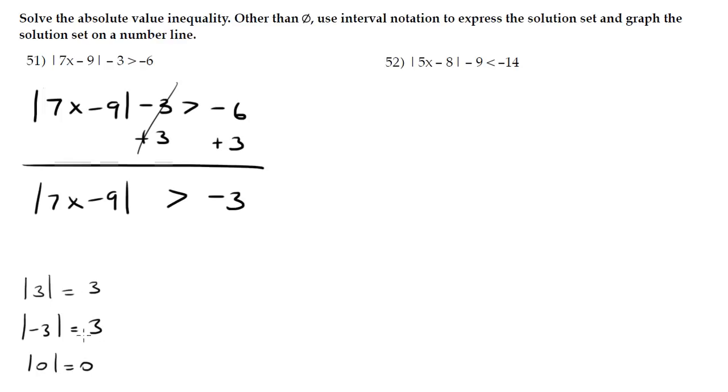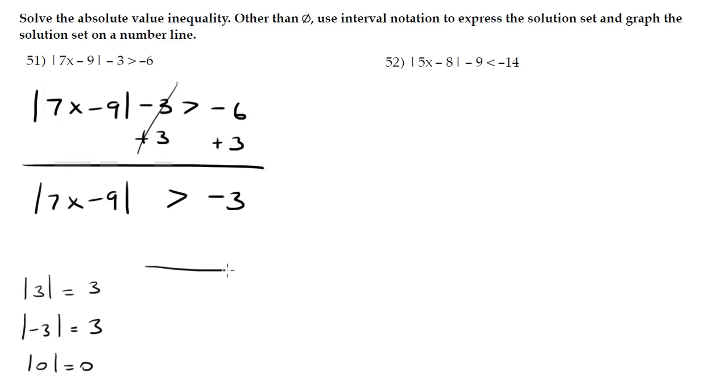And 0 and any number that's positive is certainly always larger than negative 3. So no matter what I substitute for x, when I multiply by 7, subtract 9, and then take the absolute value, that number is going to be greater than negative 3 always.